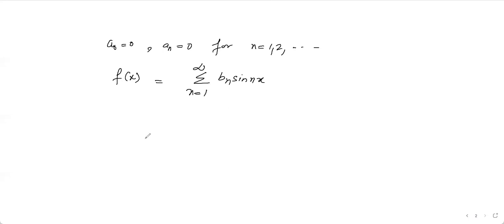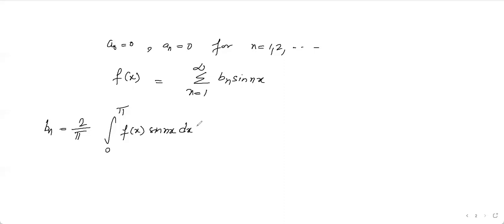Now let us find bn here. So bn is 2 by pi integral 0 to pi f(x) sine nx dx.